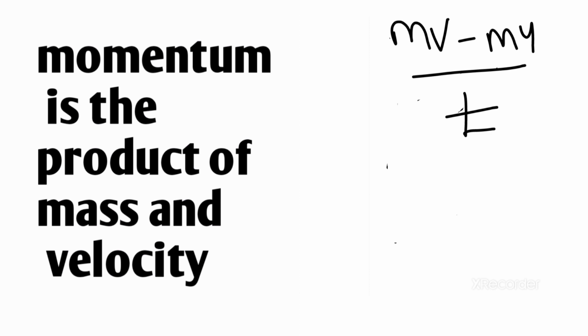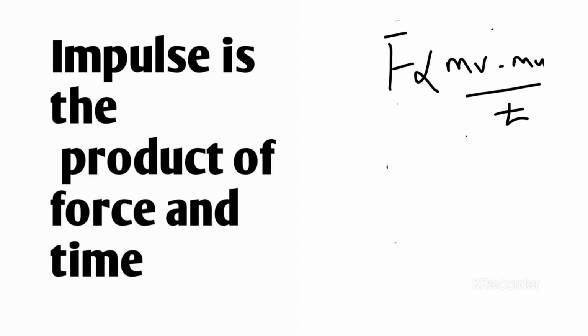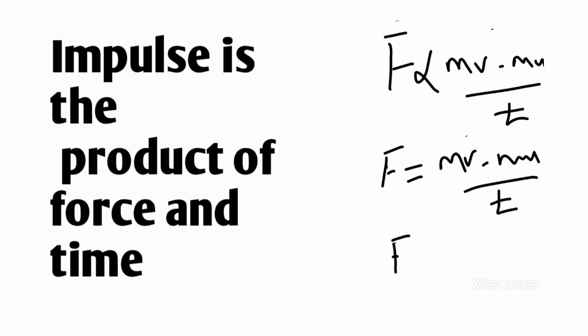And we are saying that this rate of change of momentum of a body is directly proportional to the applied force. If we change it to an equal sign, we have mv minus mu over t equals force. Multiplying by t, force times time is equal to the change of momentum.